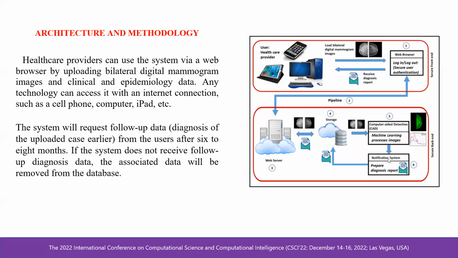Stage 6 is the notification system. The notification system will receive the final decision of the CAD system and will add it to any other required information, such as clinical reports and medical images, to generate a final report.